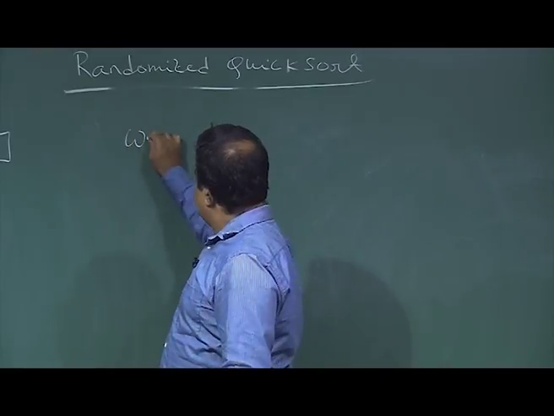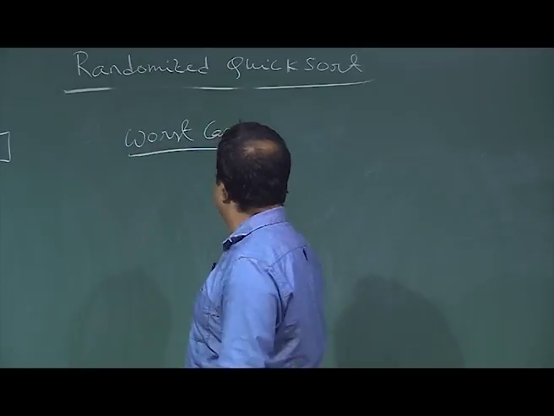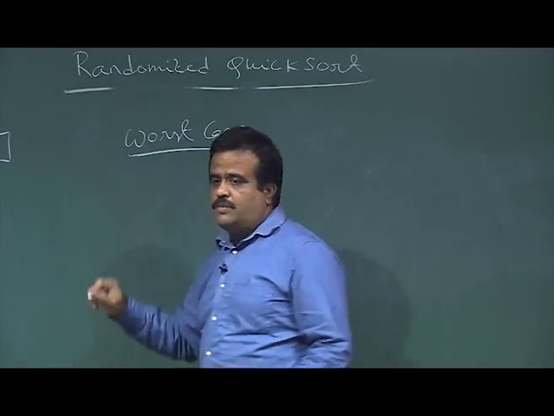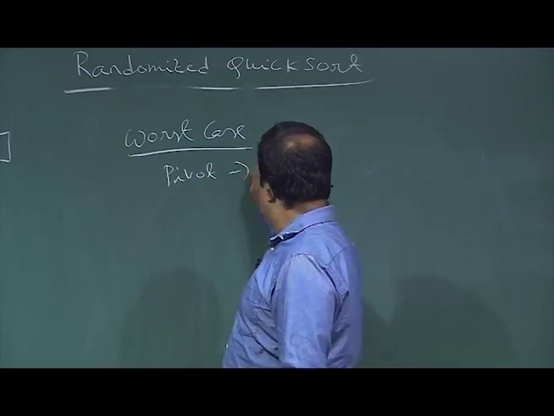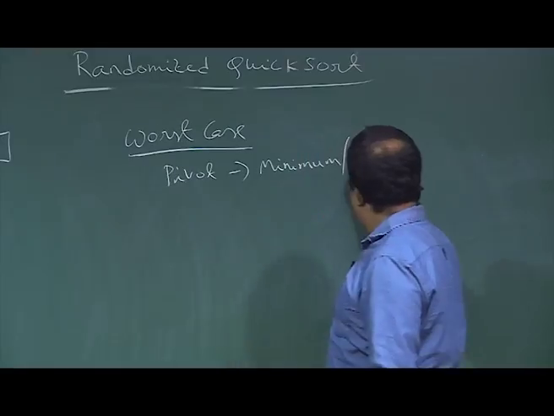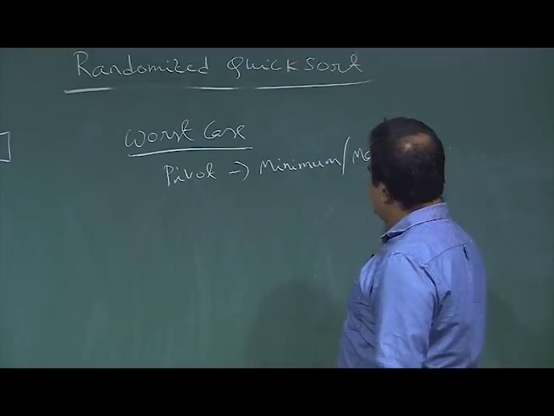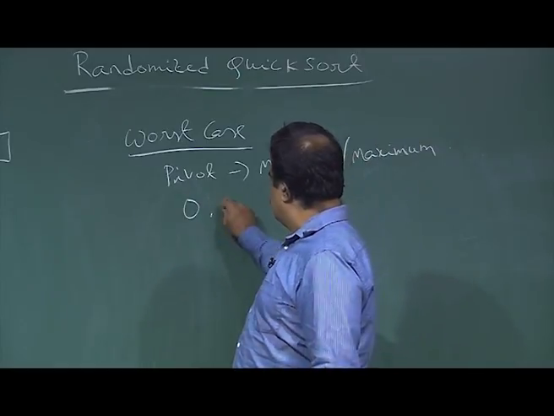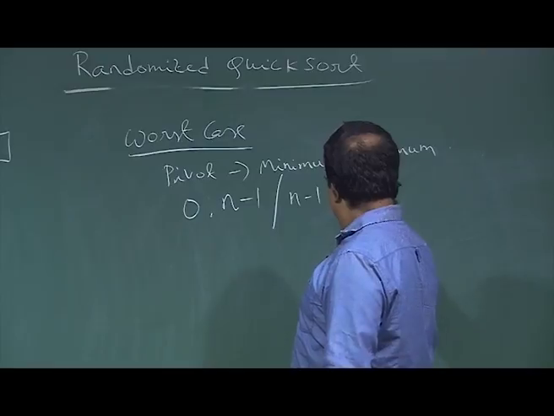So, the worst case for quicksort is if the pivot is the minimum or maximum element from the array. In that case, the partition will be 0 and n minus 1 if it is the minimum, or n minus 1 and 0.